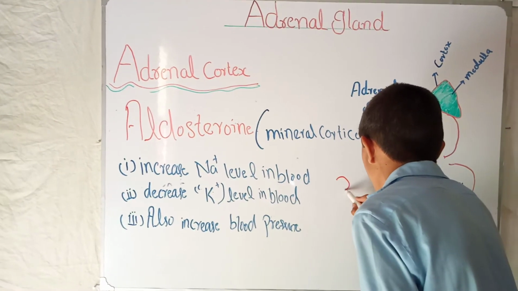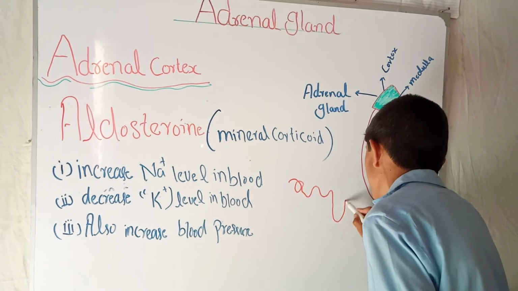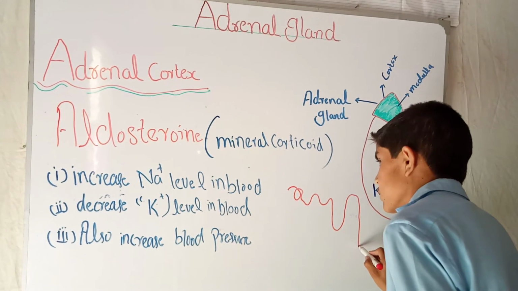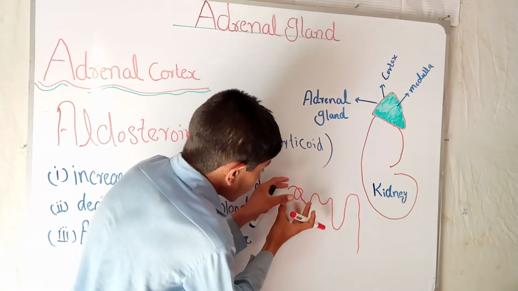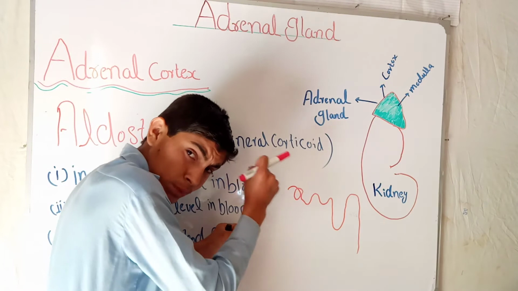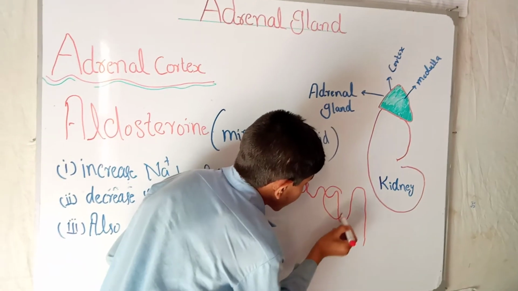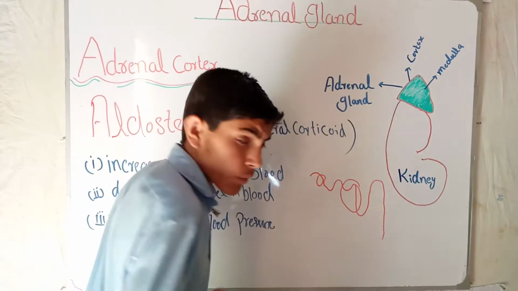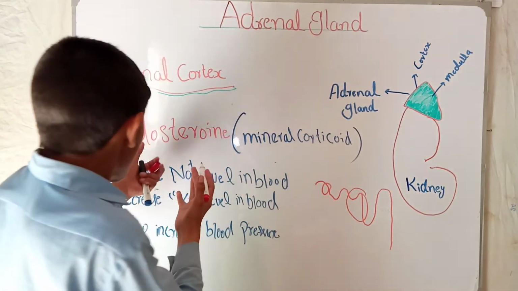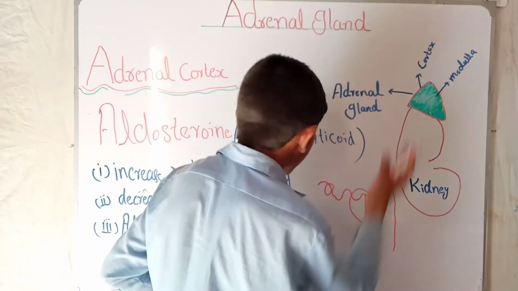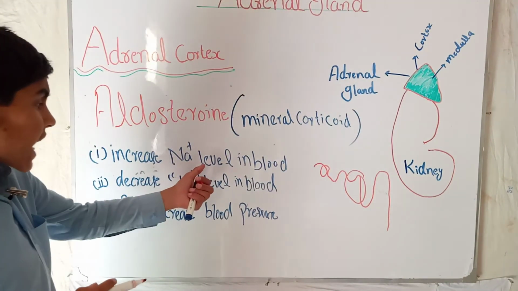This is the nephron. It mainly functions on the nephron. So when glomerular filtration occurs, the sodium is also removed from the blood. In these tubules, like the descending loop of Henle, in this portion, the aldosterone hormone is secreted from the cortex part of the adrenal gland, which increases the Na level in blood.